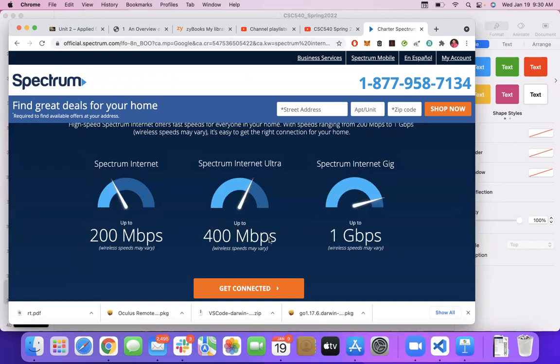Since our download speed is only as fast as whoever we're getting it from's upload speed, realistically, this one here gives us 25 megabytes per second of download speed. 200 megabits per second, to get it to bytes, we divide by 8. That gets us 25 megabytes every second.